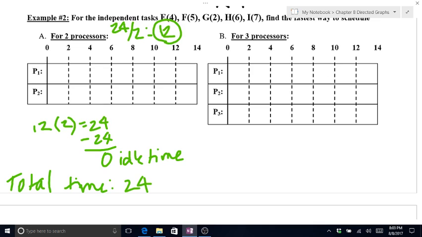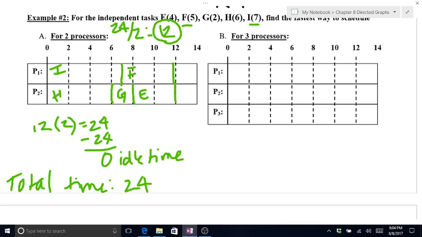So let's see, what can I put together that's going to give me 12? 7 and 5 go together to give me 12. So we're going to work on I and F. H is 6 minutes. G is 2 minutes, so that takes us to 8. And E is 4 minutes, that takes us to 12. With no idle time.